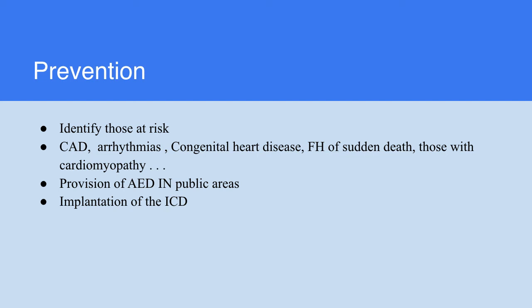And the prevention is usually by provision of automated external defibrillators in public areas like universities, schools, markets, any public places, they should be present. And of course, for the appropriate patients decided upon by the cardiologist, then you would go for implantation of an implantable cardioverter defibrillator, which reduces morbidity and mortality in such patients.